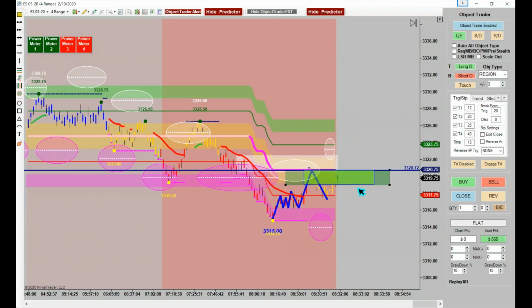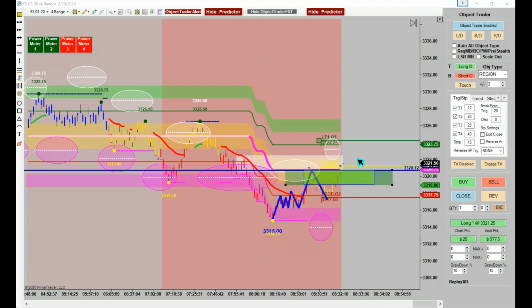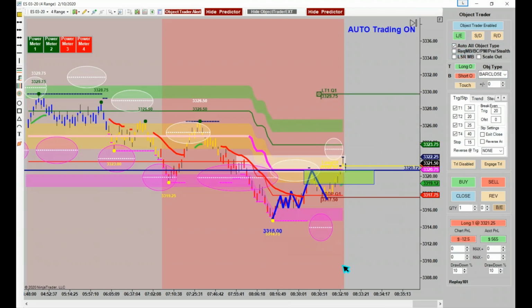What if it just barely broke it and rolled back into the box? Well, if you were already up from my oil calls and things, this little trade happened to go up above the box, would fire the trade. Okay, you can actually at that point even say, you know what, if you add on bar close, I'll go ahead and add one. Maybe you turn on auto and you add more than one. You see what I mean?